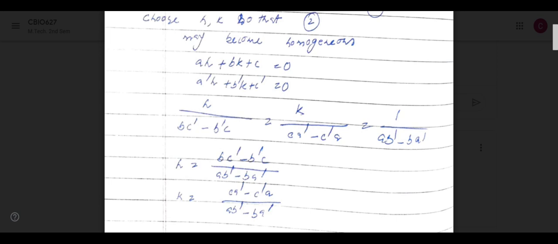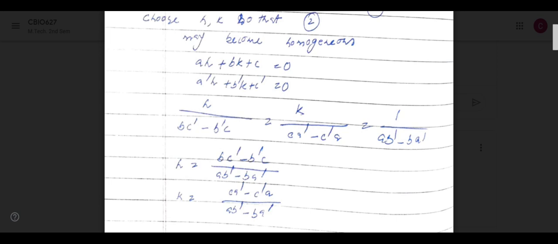But here see the logic: consider three columns. In the matrix, one cell is a and below is a dash. The next column is b and b dash, the next one is c and c dash. Now you have to omit the part a and a dash.